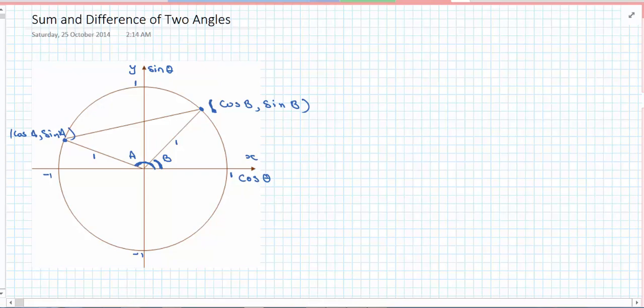Okay, the result that I'm after is the angle here, and that angle is A minus B.